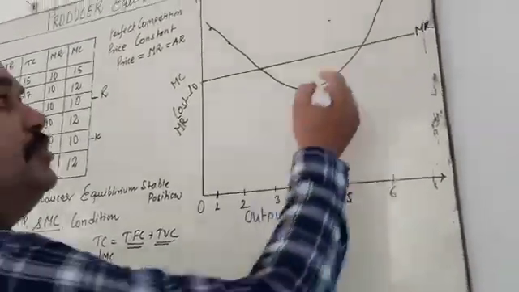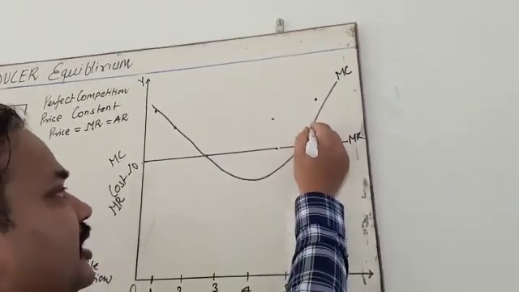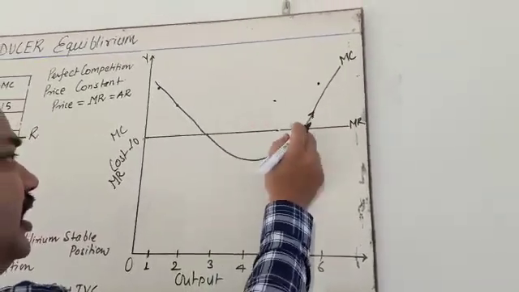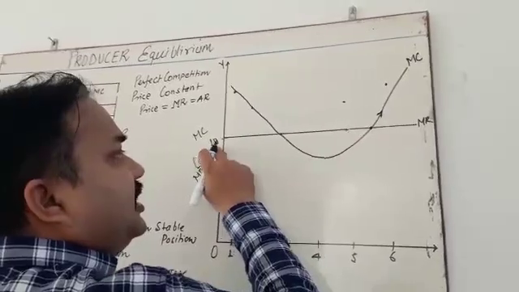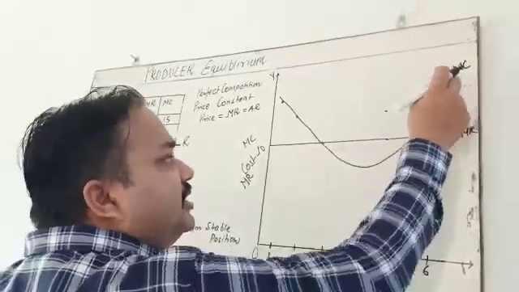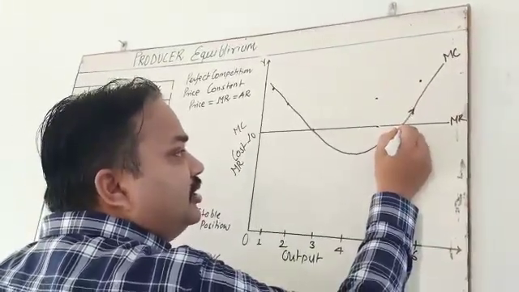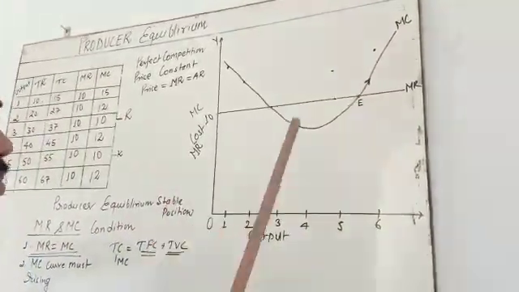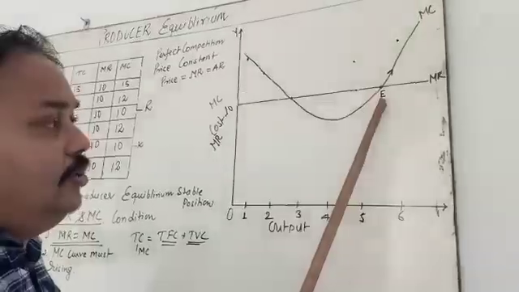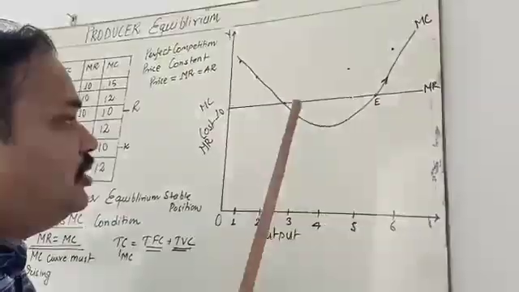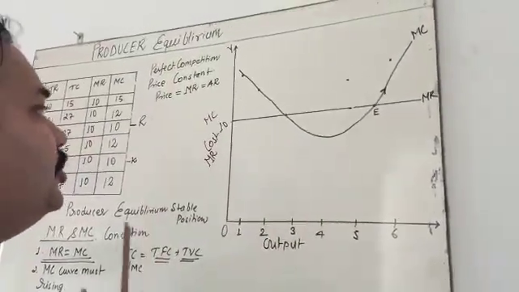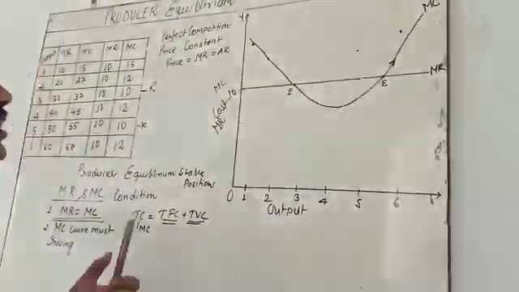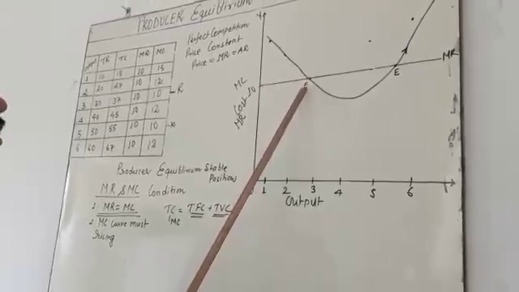So from which position must it be rising? From this position. This is the area where marginal revenue is 10 rupees and marginal cost is also 10 rupees. Here it is the equilibrium position, where marginal cost is 10 rupees and marginal revenue is also 10 rupees. The same situation is also equilibrium where marginal cost is equal to marginal revenue.